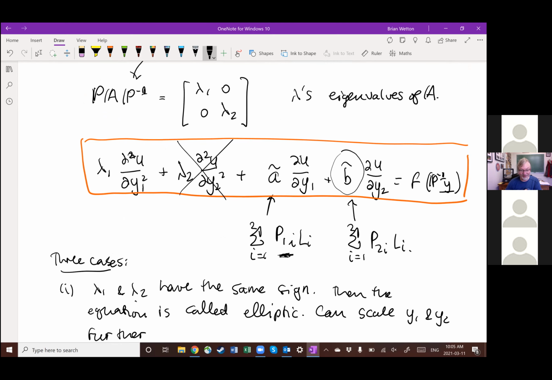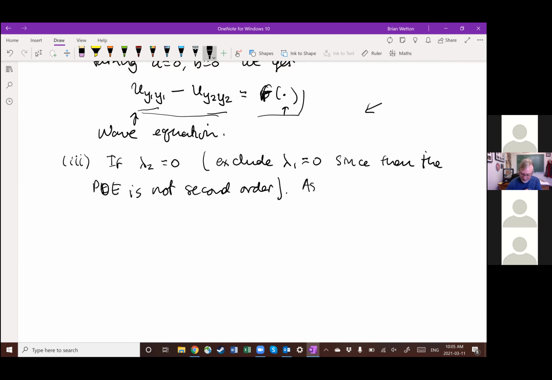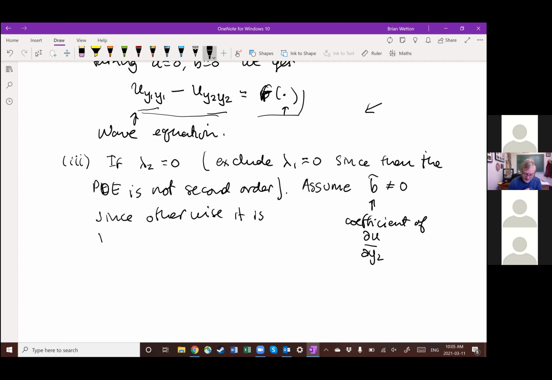So again, it's not a PDE. So now I'm going to assume that the coefficient in front of du/dy2 is not 0, since otherwise it is just an ODE in y1.